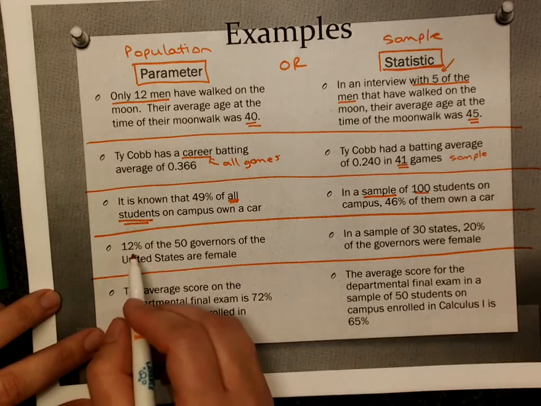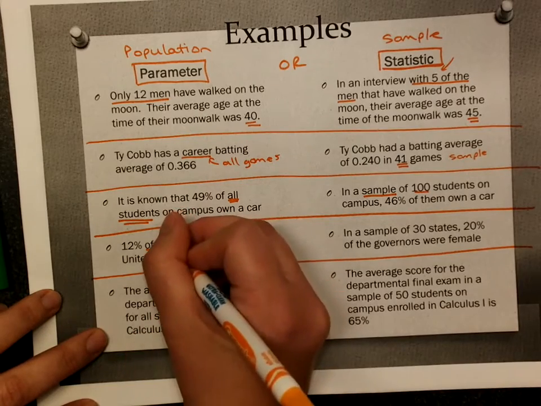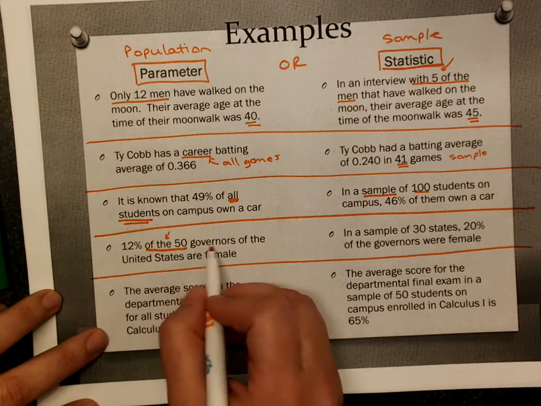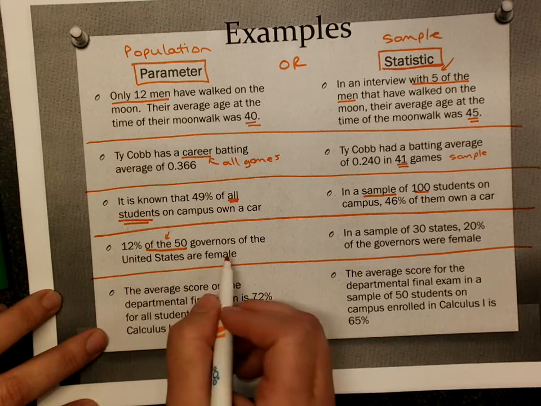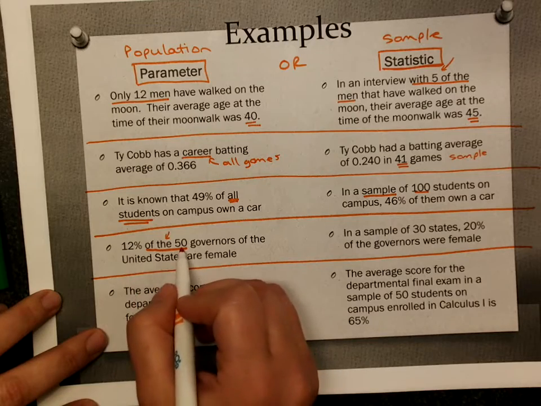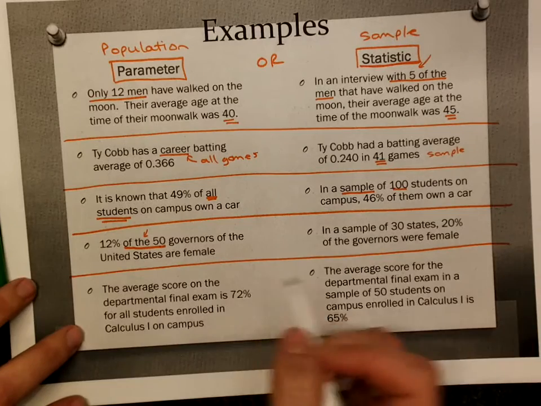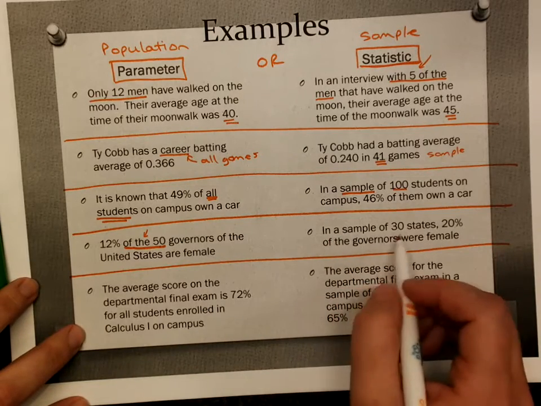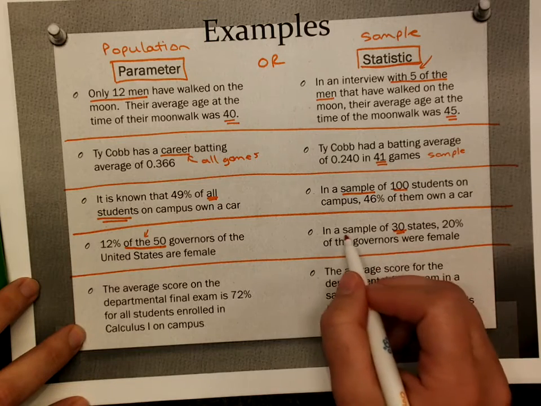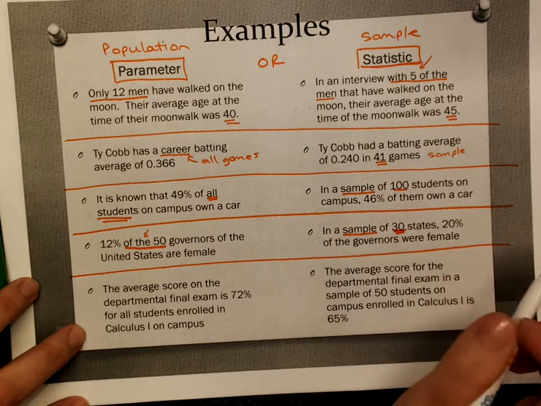It says 12% of the 50, so we know we have 50 states, so 12% of the 50 governors of the United States are female. So a couple giveaways. The word "the" helps, and also we know we have 50 states, so that's the entire population of governors. Versus over here, in a sample of 30 states, 20% of the governors were female. So the word sample gives it away, and also there's 30 instead of 50.